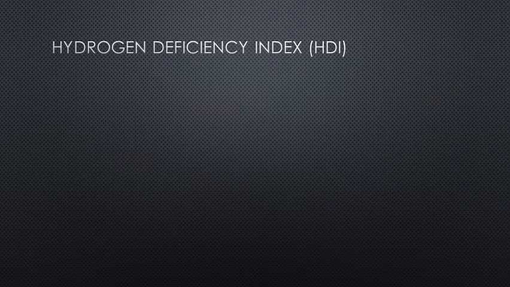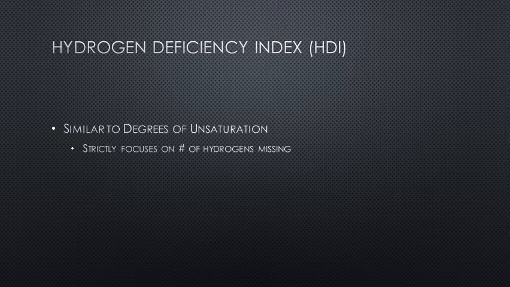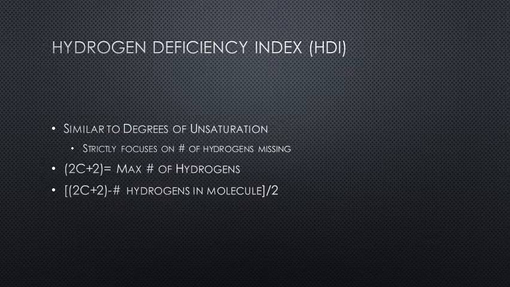Another thing you need to know is the hydrogen deficiency index. Now, if you remember from MS and IR spectroscopy, this is very similar to the degrees of unsaturation. However, this strictly focuses just on the number of hydrogens missing. You don't need to worry about halides or anything else like that.